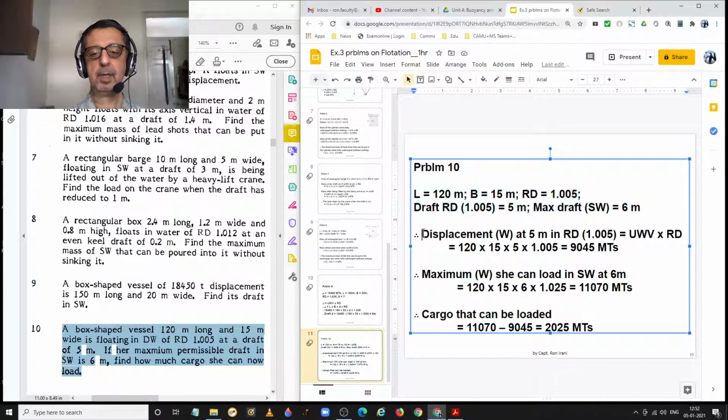So, displacement at 5 meter draft in RD 1.005 equal to underwater volume multiplied by RD. Underwater volume is length into breadth into draft multiplied by RD, and that gives us 9,045 metric tons.